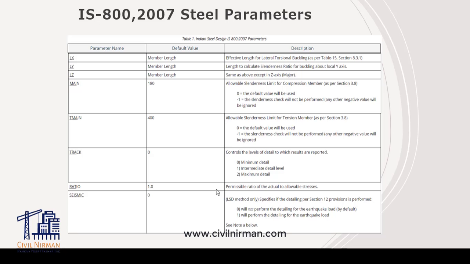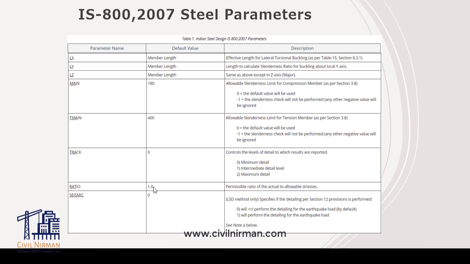So if you want to restrict your member sizes, like if I want to restrict that beyond 0.75 or 0.8, members show as failing based on your individual requirement, then what you can do is change this ratio.